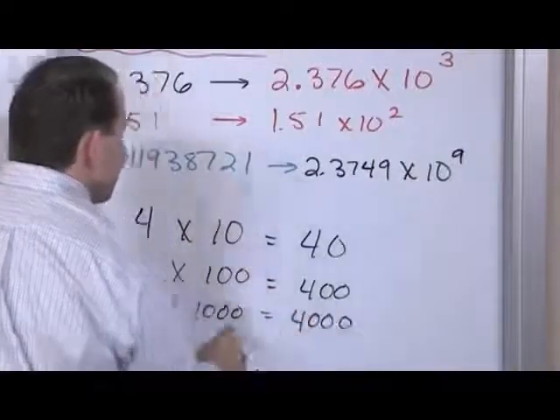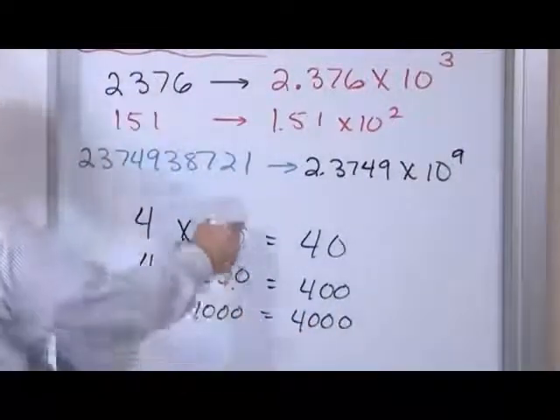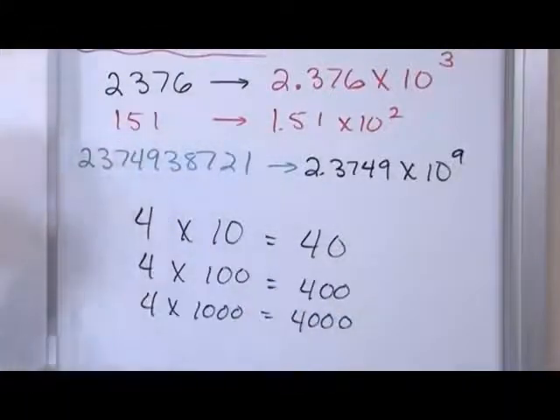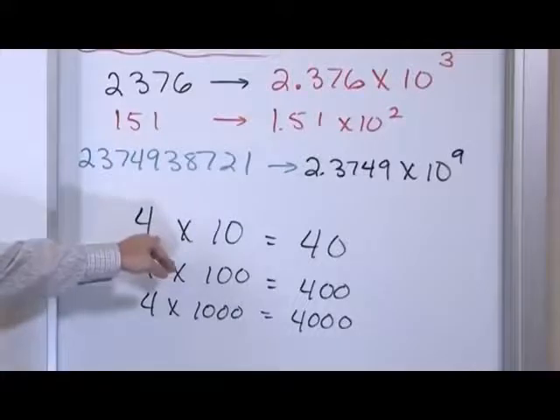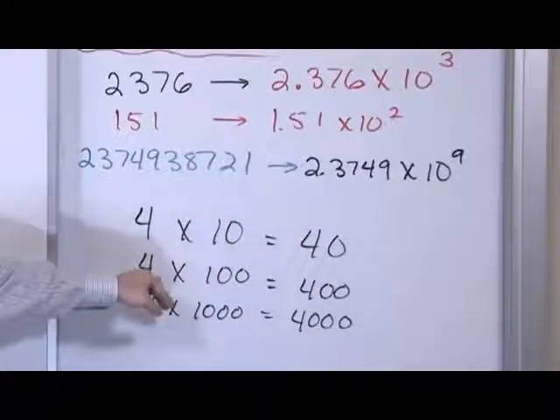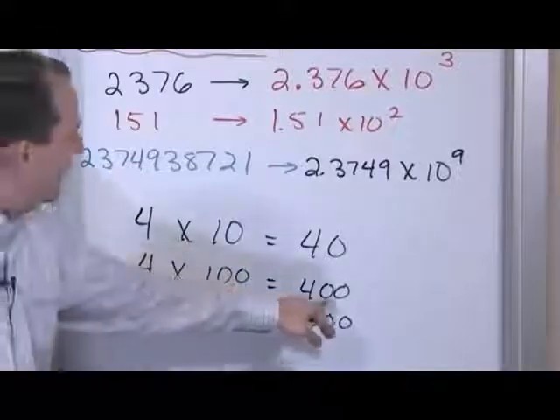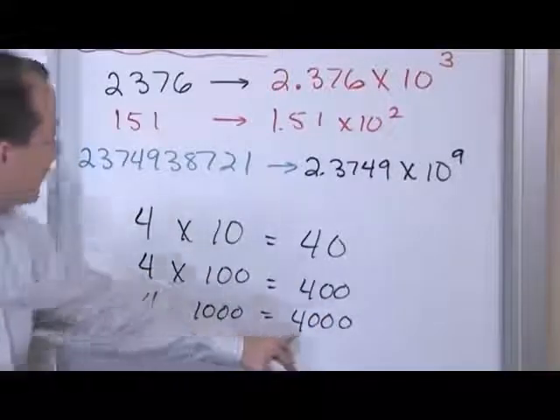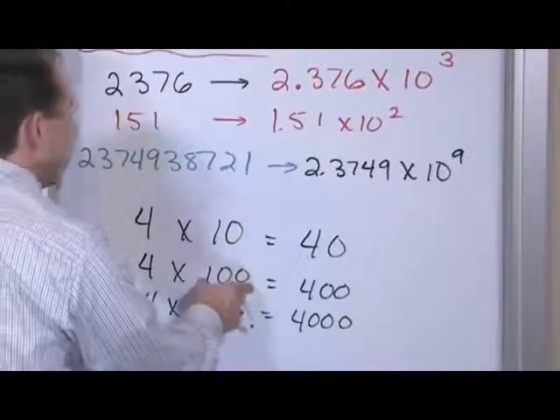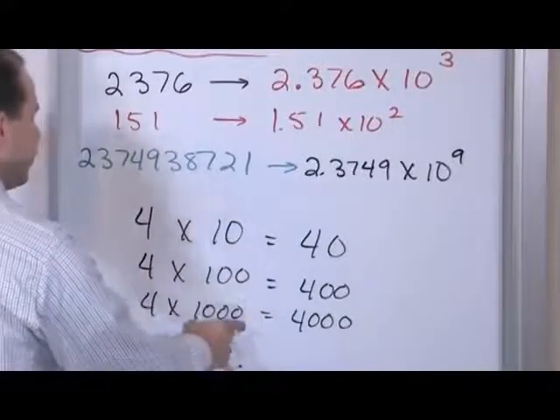You see, every time I multiply by a bigger multiple of 10 like this, I'm just moving the decimal point one spot over to the right. That's all I'm doing. So if the decimal is here, I move it one spot, I get 40. The decimal's here, I move it 2 spots, I get 400. Decimal's here, I move it 3 spots, I get 4,000. So this is 10, this is 10 squared, this is 10 cubed, right?